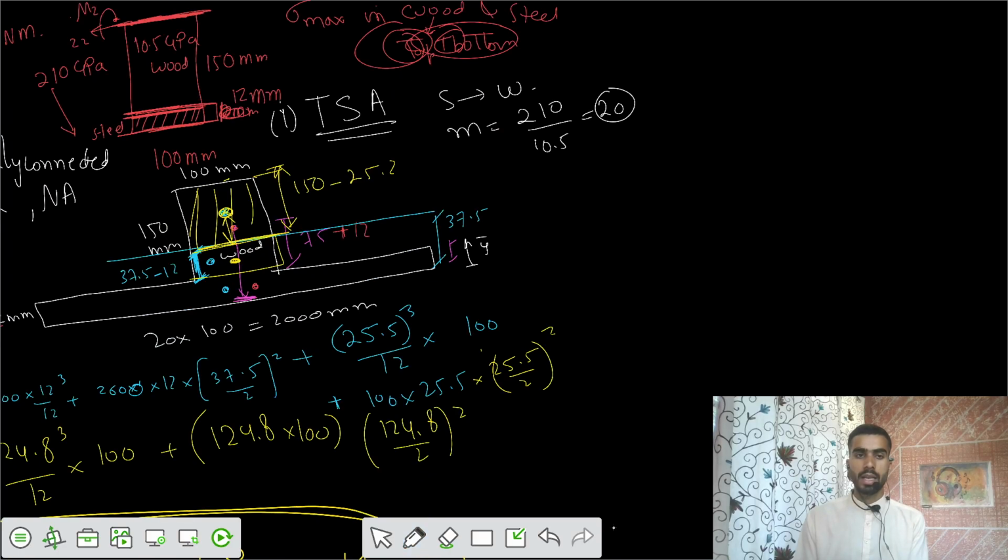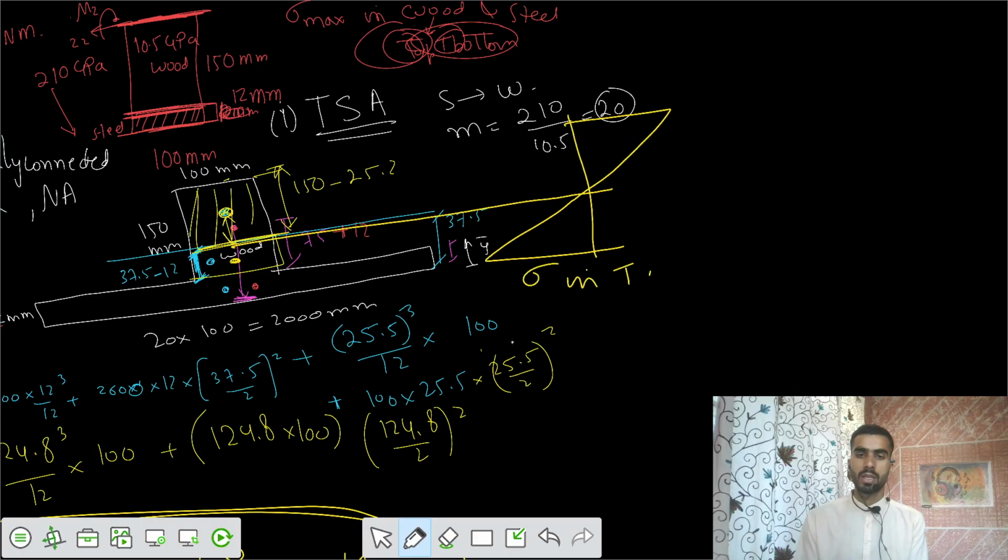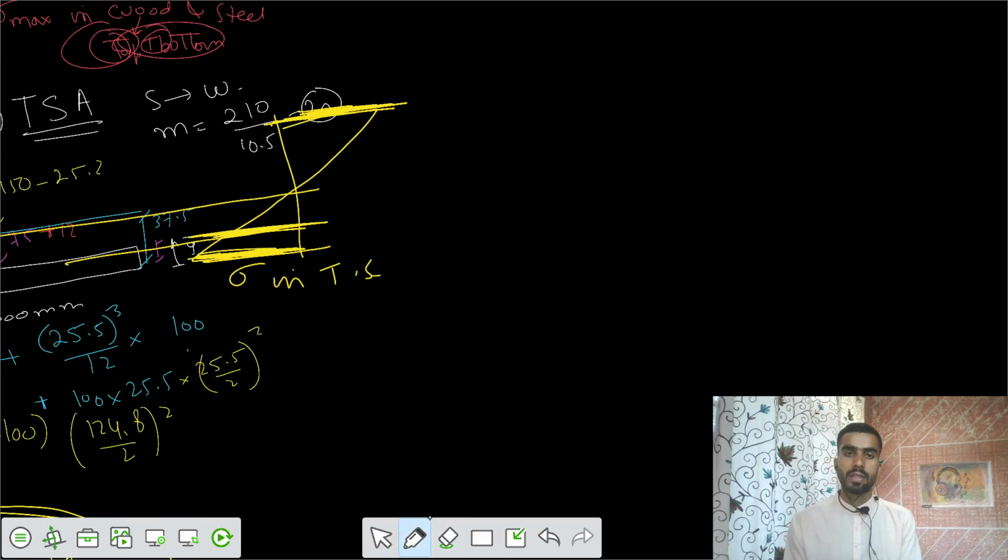Next step is that calculation of those stresses. Let's say this is the neutral axis. Then we can say stresses would be in this fashion for the transformed section. So we need to say what is the stress here, and what is the stress here, the different stress values at the junction, at the top. Let's calculate the stress at the top. Stress at the top equals the moment we have provided, 6 kilonewton meter, into y top.